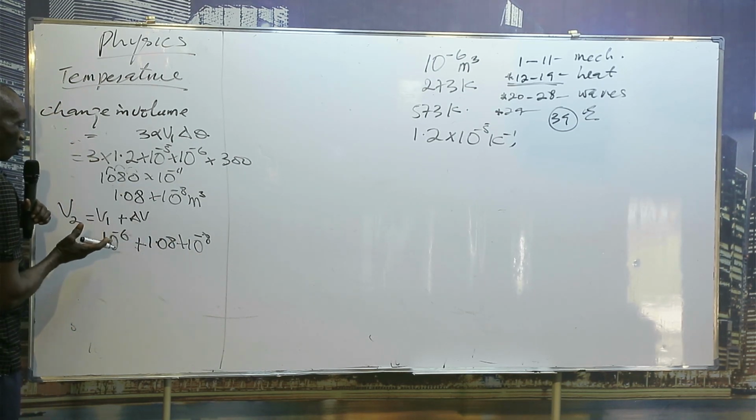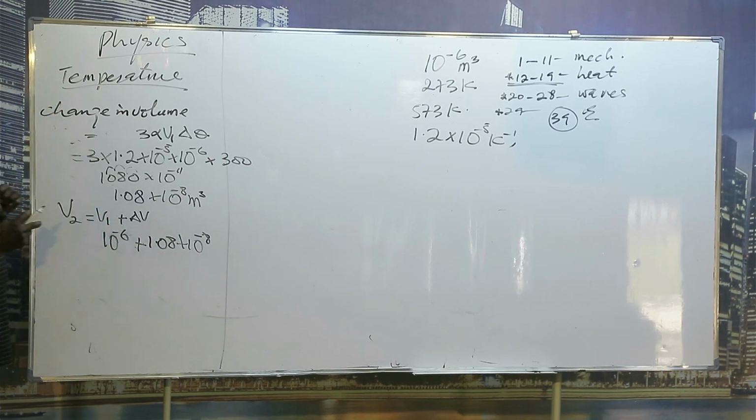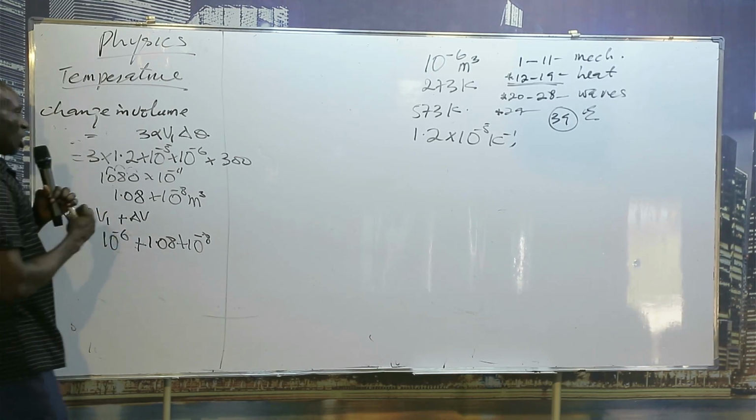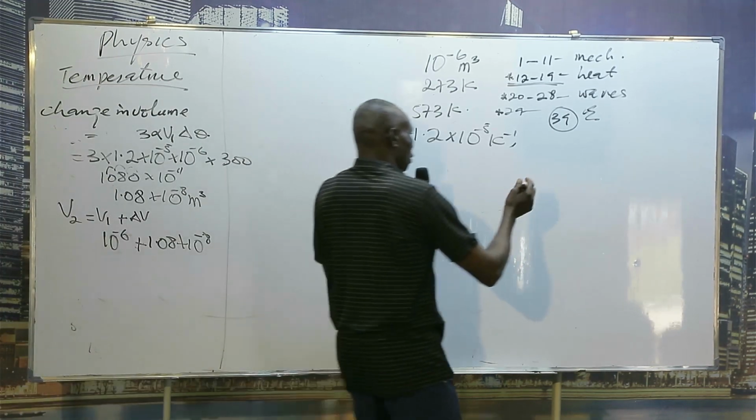Remember how we added; I taught you how to add this on Monday. Am I right? So how do we add? You count the number of zeros. Just simply add the number of zeros.